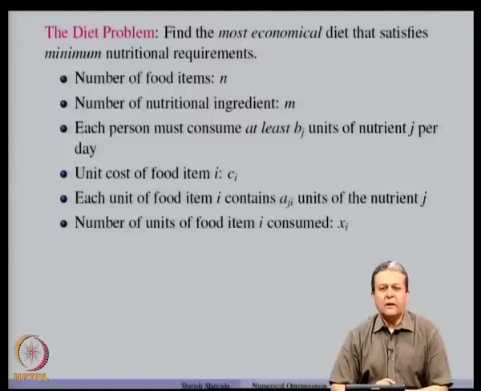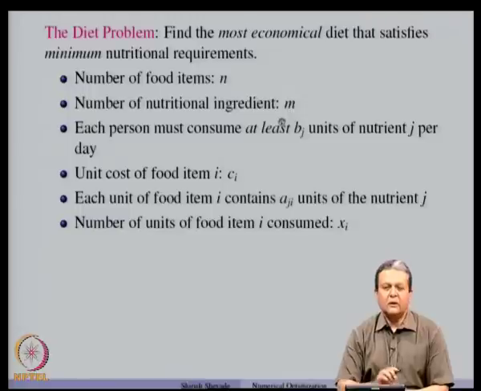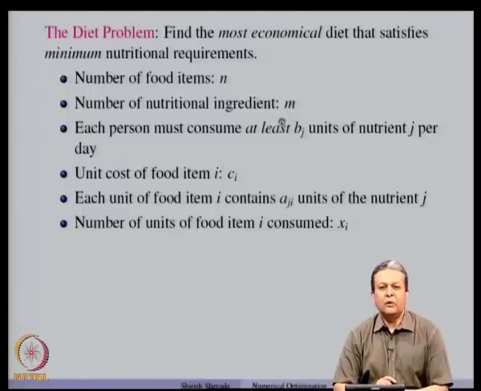Given this data, our aim is to find the most economical diet that satisfies the minimum nutritional requirement, which is that we should consume at least Bj units of nutrient j.